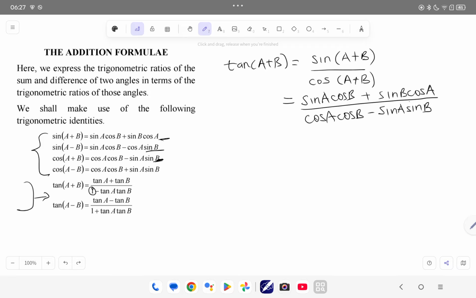In our proof, since we have a 1 here, we can use that as a guidance. Since we have a 1 in the place where we have cos A cos B, we can divide through by cos A cos B throughout.